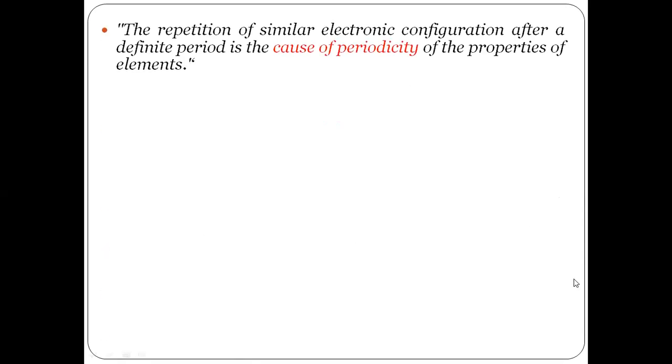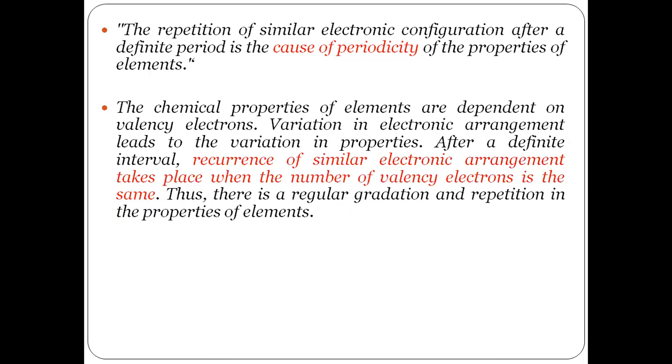The repetition of similar electronic configuration after a definite interval is the cause of periodicity of the properties of elements. These definite intervals are after 2 elements, then 8, then 8, then 18, then 18, then 32, and 32 elements. That is nothing but the number of electrons present in different shells, which is basically the electronic configuration again. The chemical properties of the elements are dependent on the valence electrons.